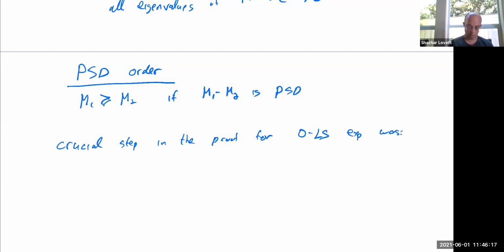We showed that M_k^+, the lower walk at level k, then the non-lazy upper walk at level k is smaller or equal in this PSD order than U_{k-1} D_k. So in this PSD order, the non-lazy upper walk is smaller than the lower walk. This was in the case of zero local spectral expanders.